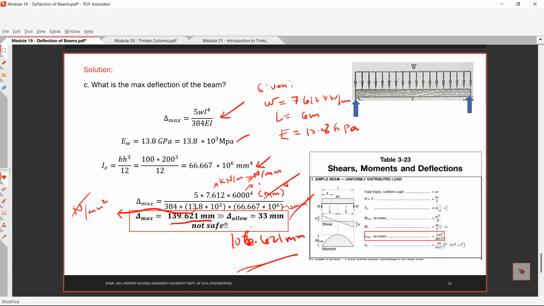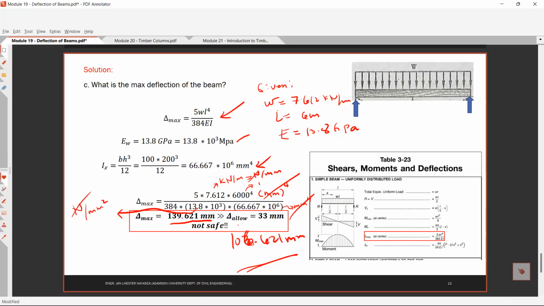So therefore, you don't have choice but to increase your size or change the modulus of elasticity or change the material. Okay. So, kunyari, na-optimize mo na lahat yung section mo. So, ang sasabihin mo sa architect, okay, assure you na hindi nga siya magde-deflect ng malaki.